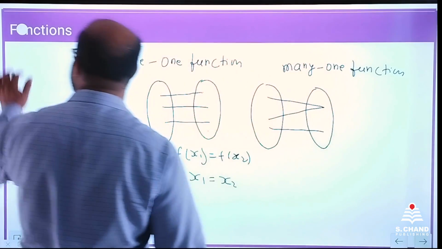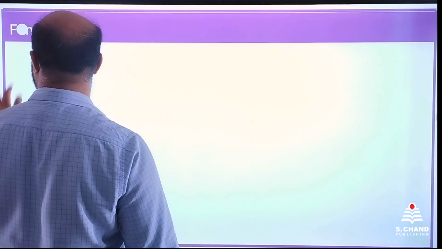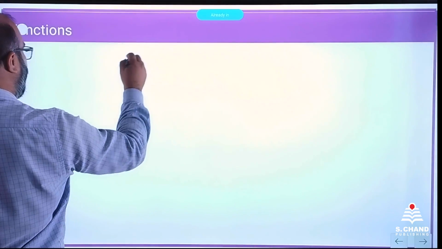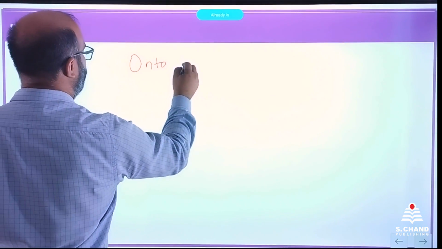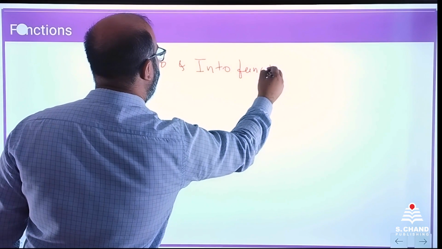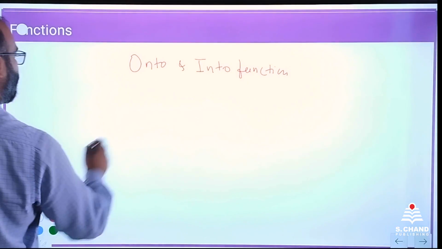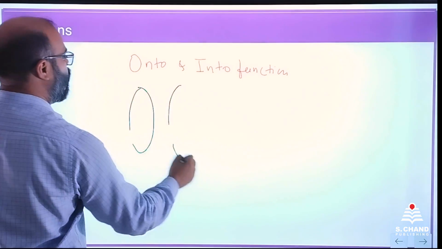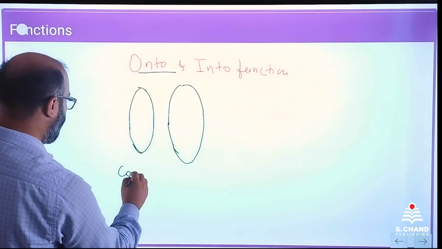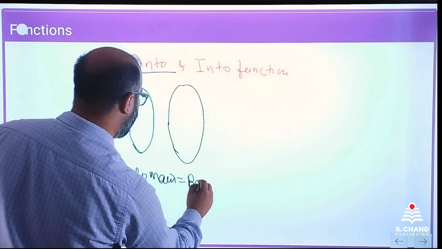Next we have onto function and into function. So what is onto and into function? If we have a function such that its codomain is equal to its range, then it is onto function.